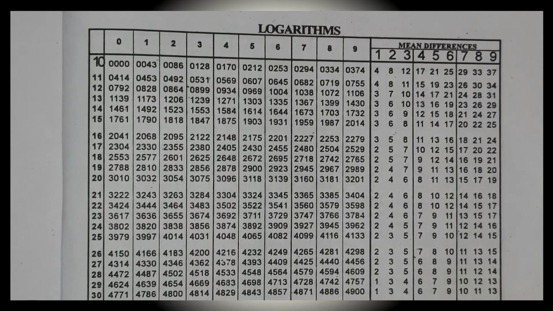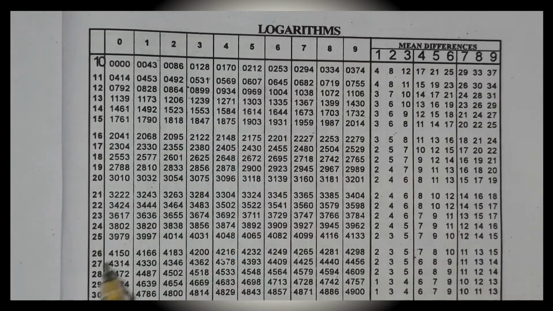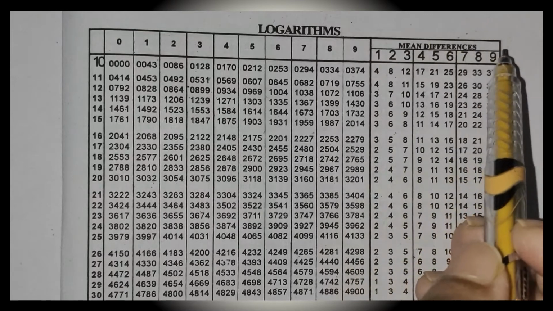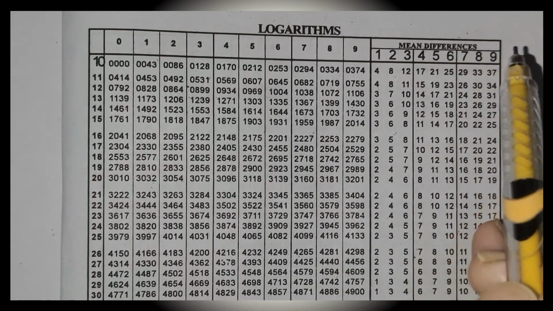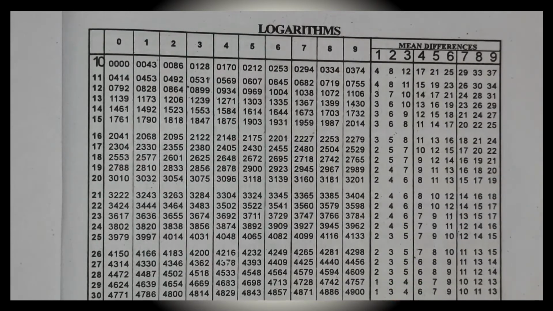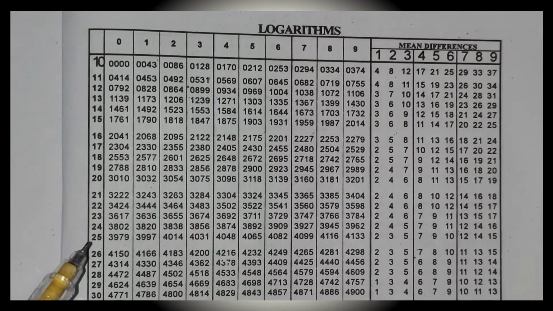Now, this is the logarithm table. These are the column headings. Here come the row headings, and these columns form the mean difference. Now we have to take the number 53351, and in this number the first two digits represent the row.